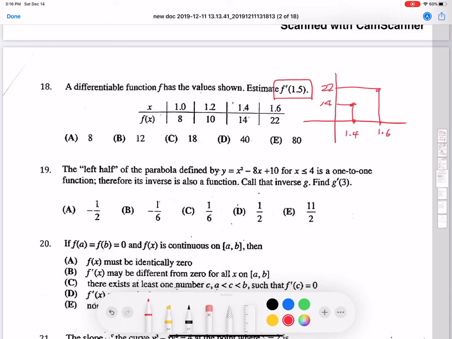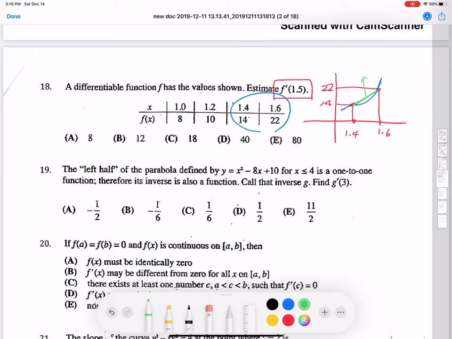I don't know what kind of function that is. Suppose a function like this. It's kind of a curve, right? But the tangent line at x equals 1.5 is impossible to find, but you can use these 2 points, because 1.5 is between 1.4 and 1.6. And then just find the slope of this straight line between those 2 points.